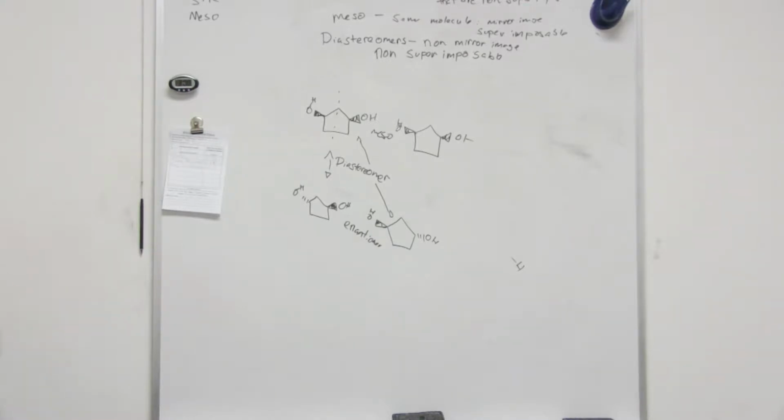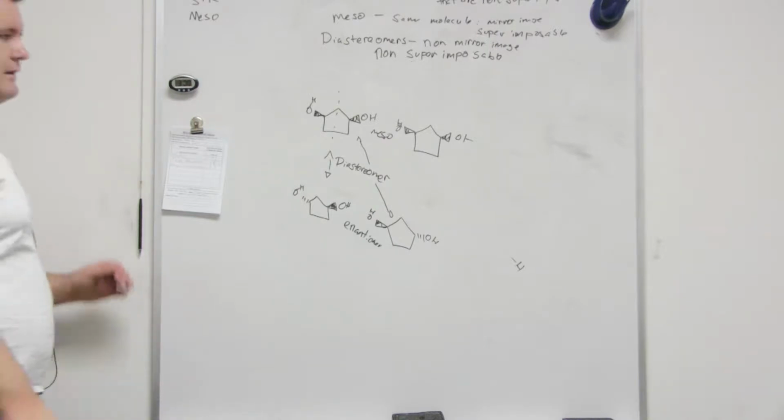So a lot of questions will ask you how many potential isomers there are. And that's where we use 2 to the n.